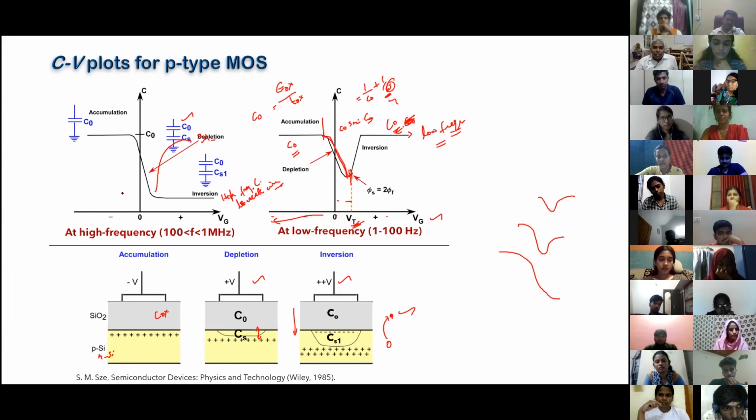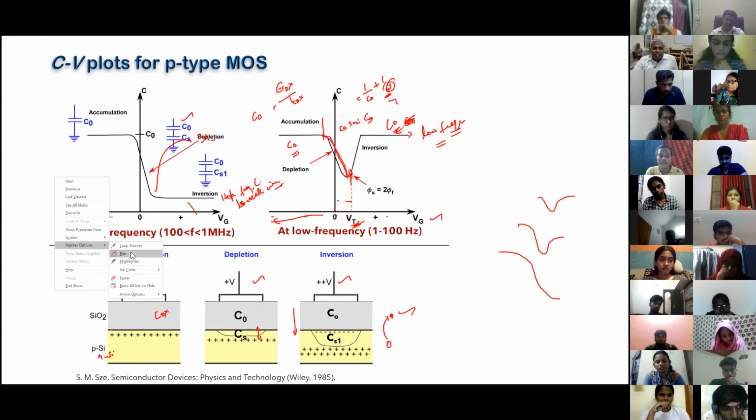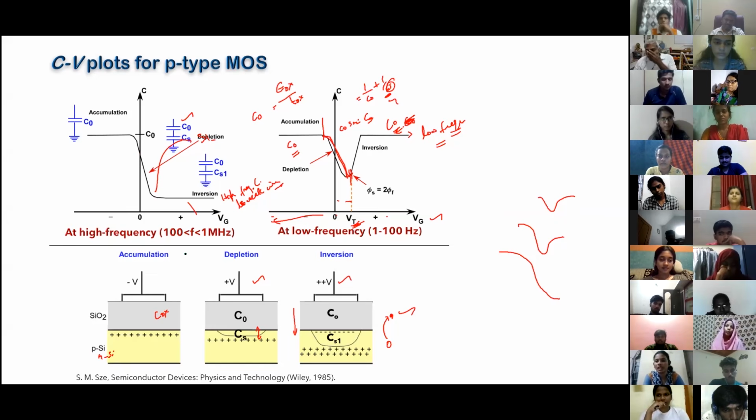Let me draw here. Maybe I'll change the ink color so that you can see it. It is like asking, what is the charge of electrons? Positive or negative? Negative. Yes. I'm telling you, I want to give a charge for the electron as positive. What will happen?